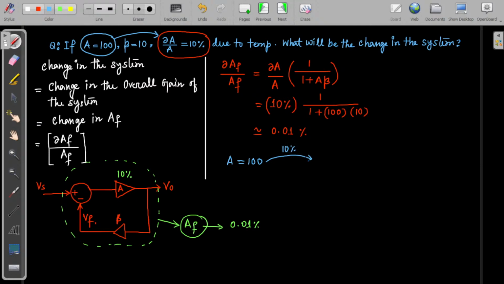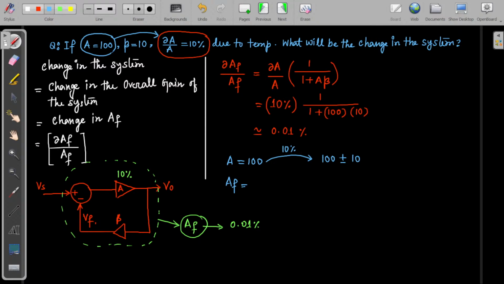If it is changed by 10%, what will be the value of A? The value of A will be 100 plus minus 10%, that is 10. Either it will be 110 or it will be 90. But the AF value will only change by 0.01%.